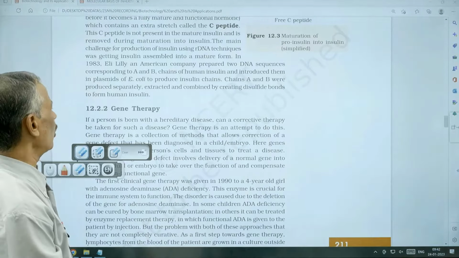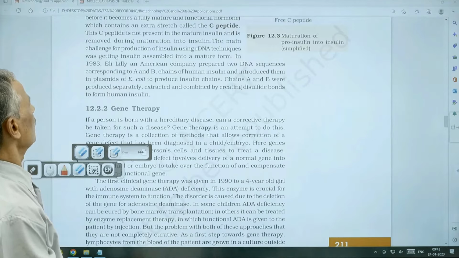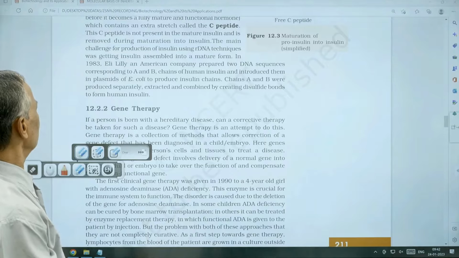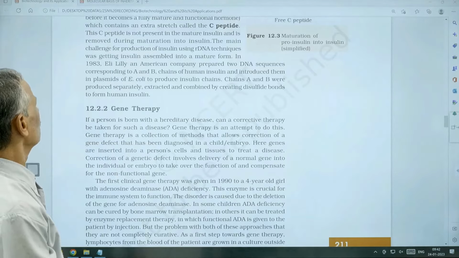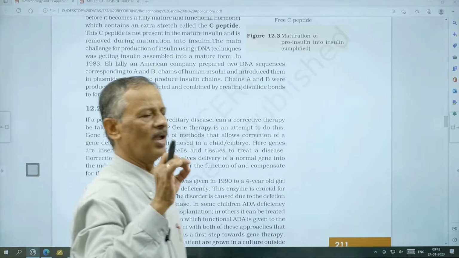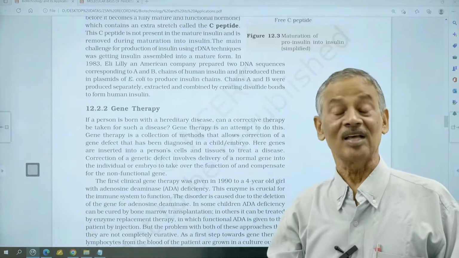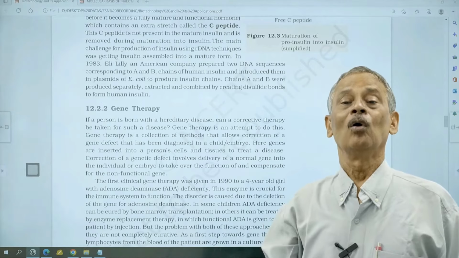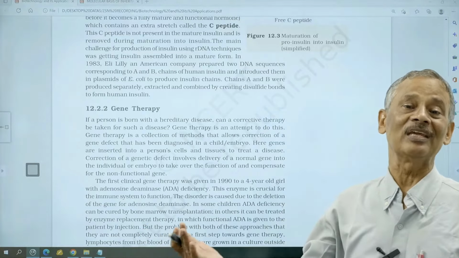Using two separate E. coli cultures, they produced the alpha chain and beta chain separately, and when these two chains were extracted and combined by creating disulfide bond, they successfully produced human insulin, which is exactly the same as our natural insulin. Thus, millions and millions of diabetes patients are now free from anxiety and tension because they are all sufficiently getting insulin.